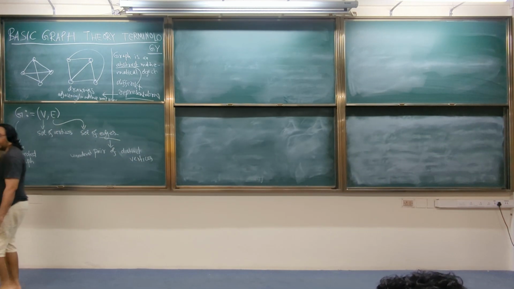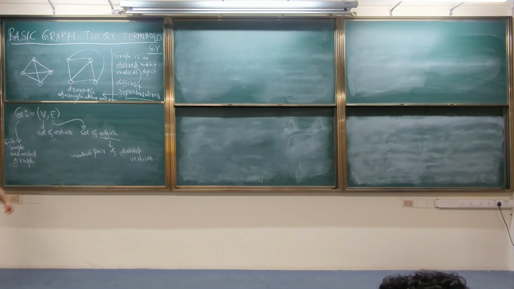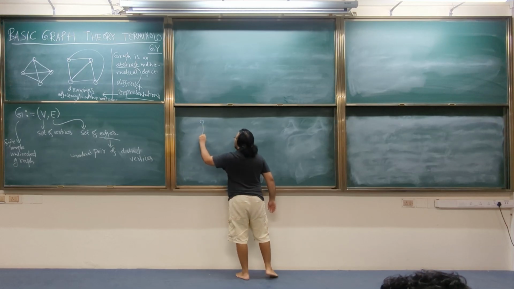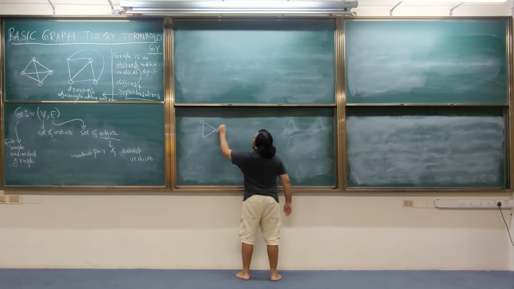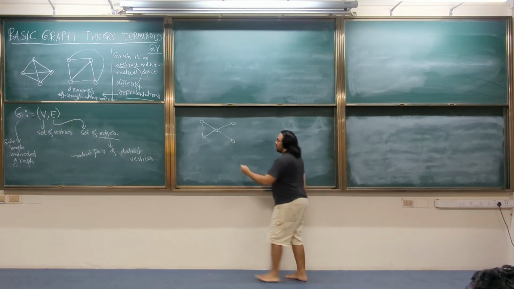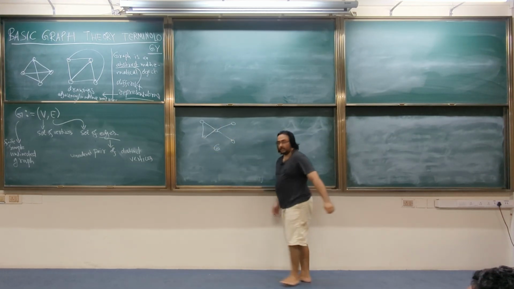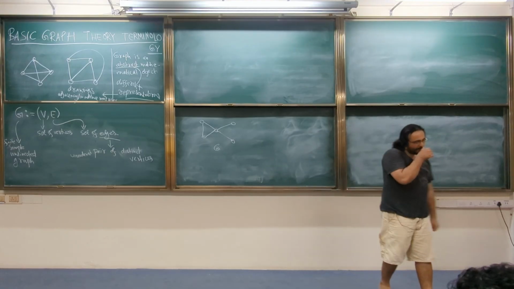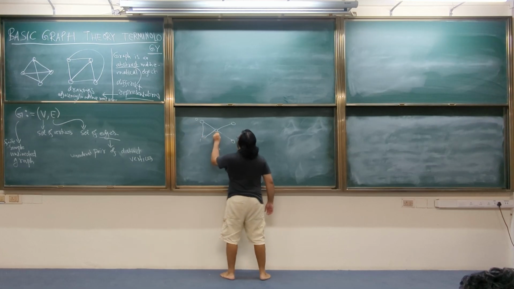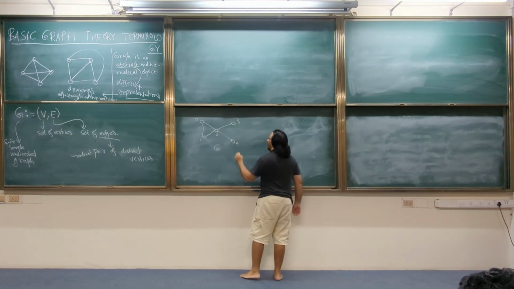I want to introduce some more terminology. Let's go more interesting example. Let's say, I don't know. Here is a graph. For this example, this is my graph G. And let me label the vertices 0, 1, 2, 3, 4.